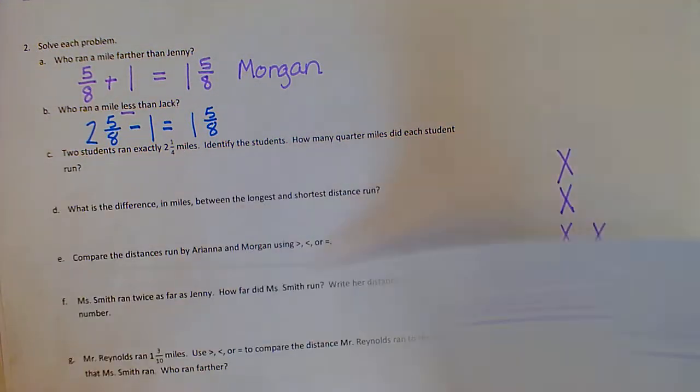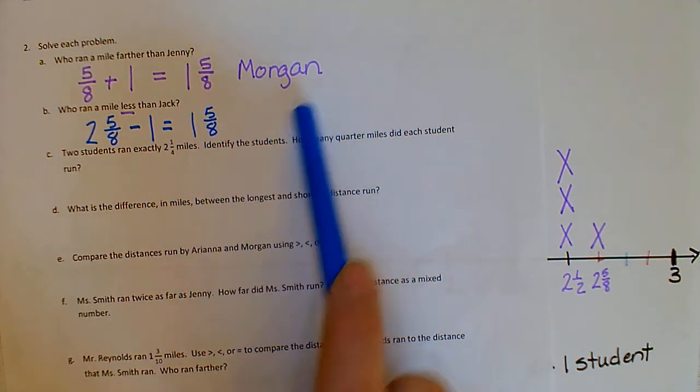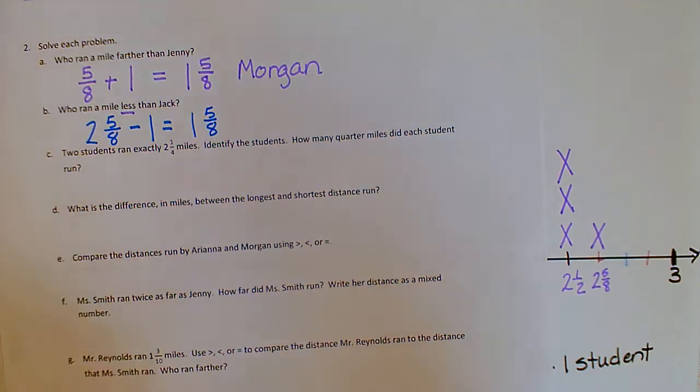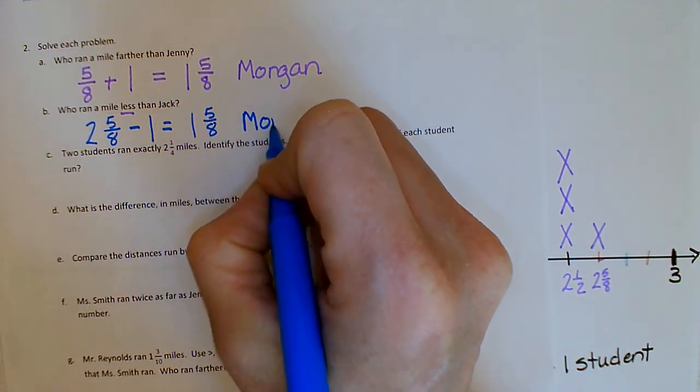Okay, so we have 1 5/8 either way. I just realized that I am not labeling. Oh, well, that's okay because we have to put the names. So see, who ran 1 5/8 miles? Wait, look, it's right there. Morgan ran 1 5/8 miles. It's the same answer. So let's write Morgan again.